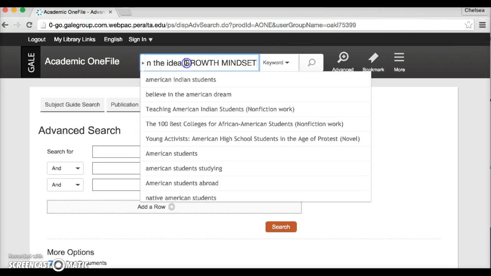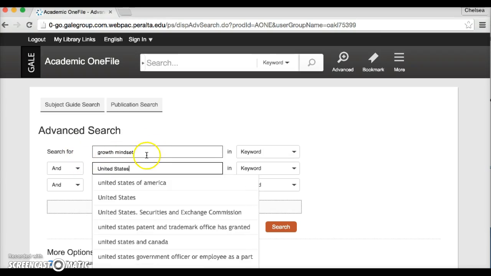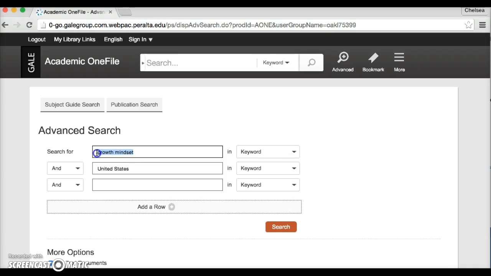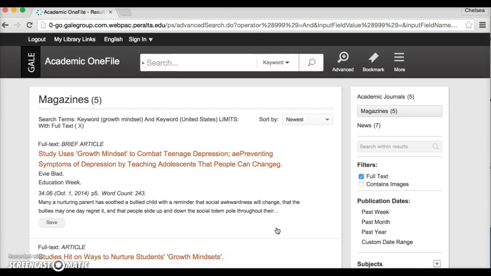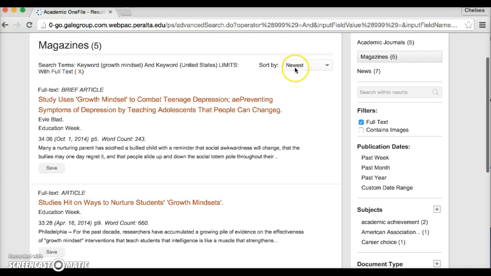So I'm going to search for growth mindset and United States. Carol Dweck is the person who coined this term right here. So maybe we'll find an article from her. Who knows? Interesting. So you can sort by newest or relevant.